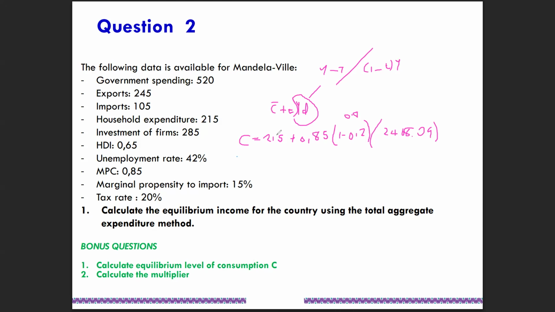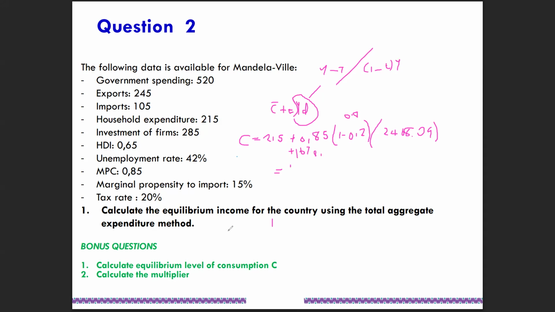Then you're going to add 215. So 215 plus 1,678.852, and then you're going to get 1,893.